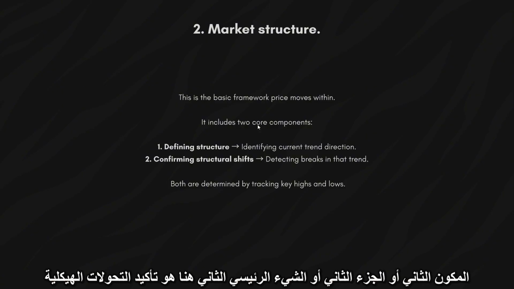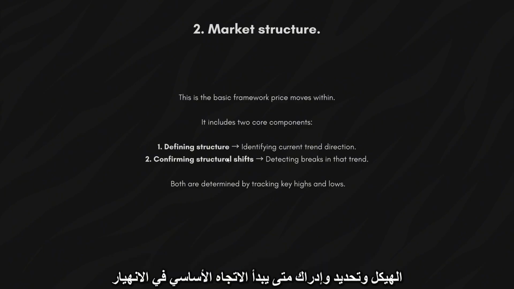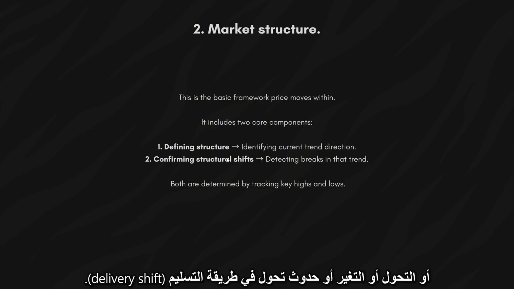The second key thing here is confirming structural shifts, which means detecting breaks in that trend, or spotting shifts in structure and recognizing when the underlying trend is breaking down, or shifting, or changing, or having a delivery shift.